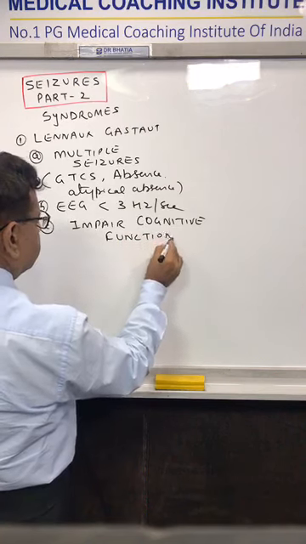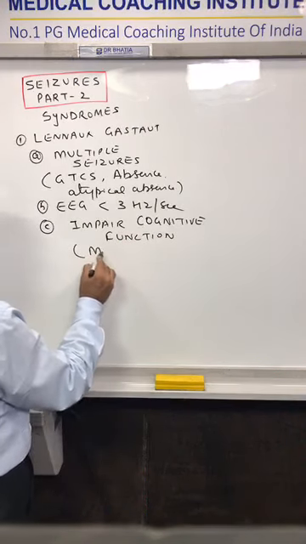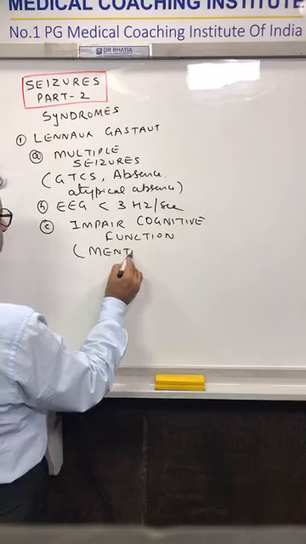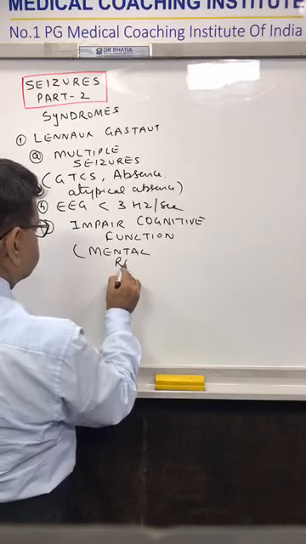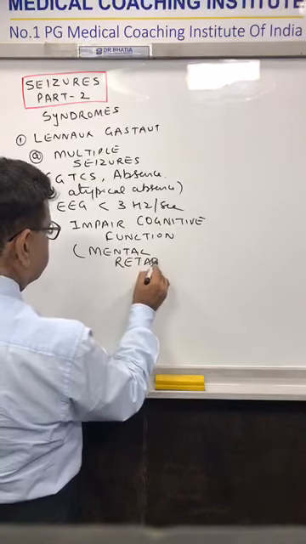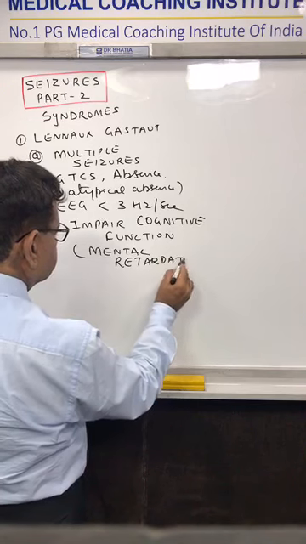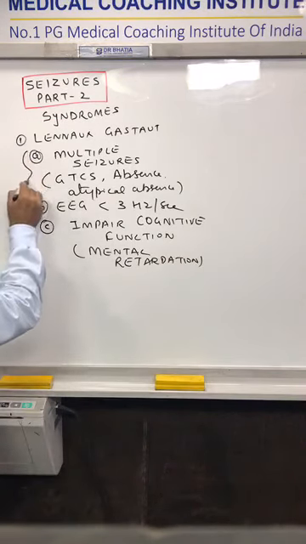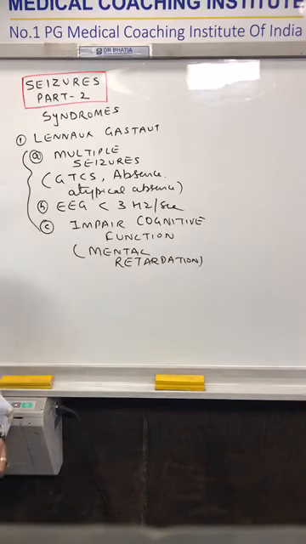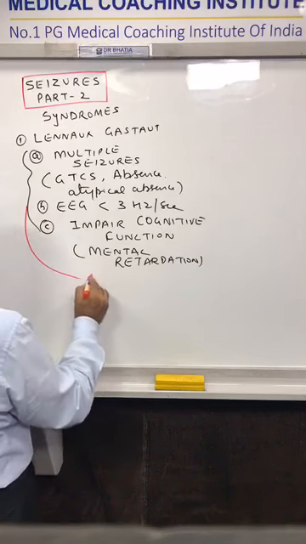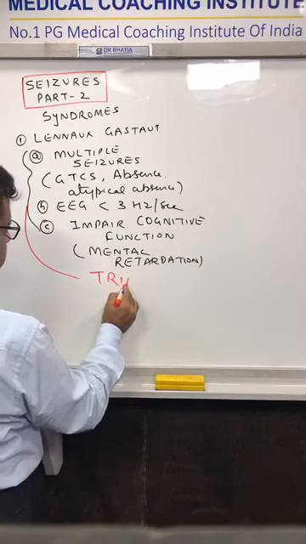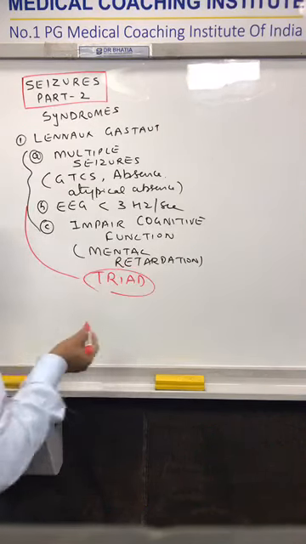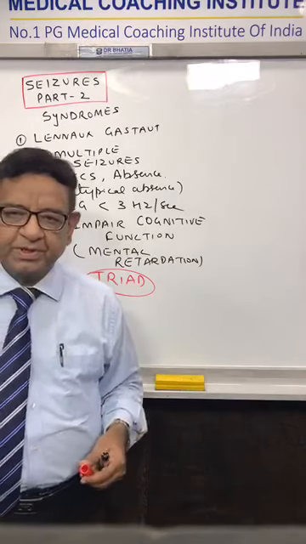That means the patient has associated mental retardation. In fact, these three are known as the triad of Lennox-Gastaut syndrome.